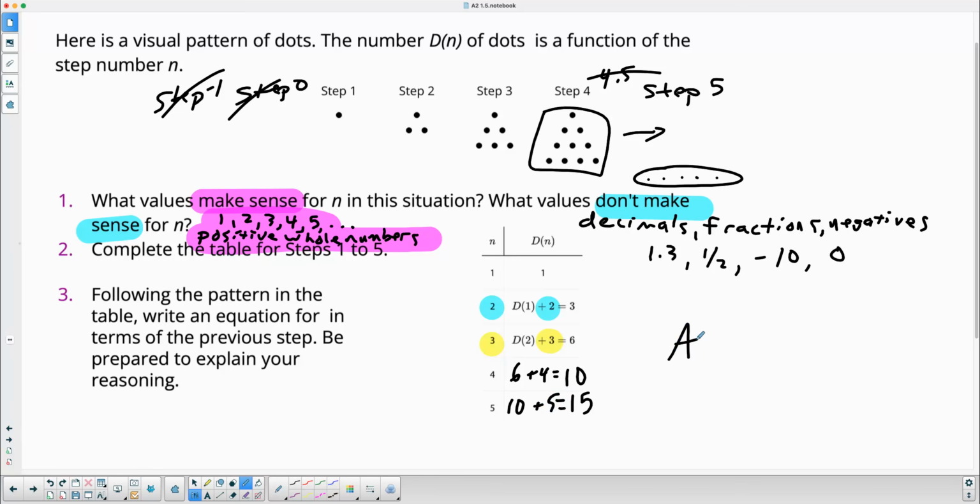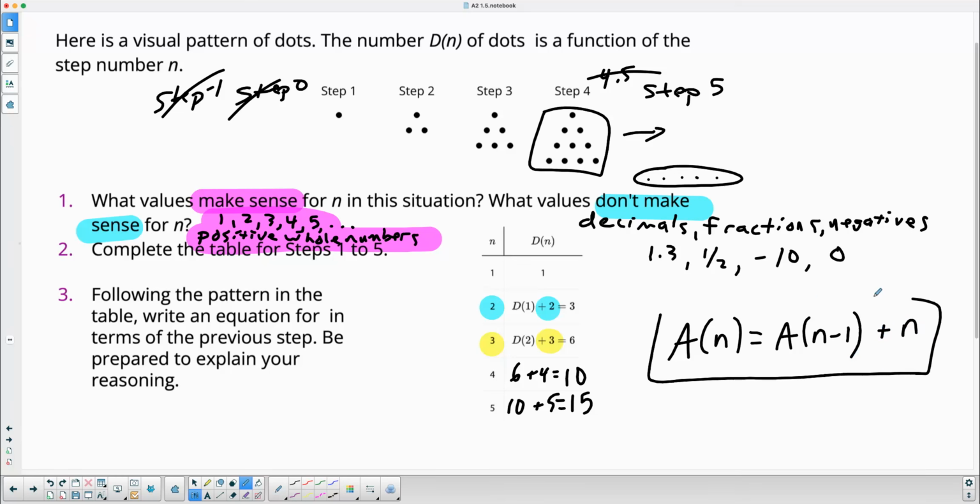So if I want to find the nth term, I need to take the term before the nth term. a of n is the nth term, a of n minus 1 is the term before that. And then I need to add the step number to it, which is n. All right, so there's my recursive formula. Why is it recursive? Because we're using the previous step right there, okay?